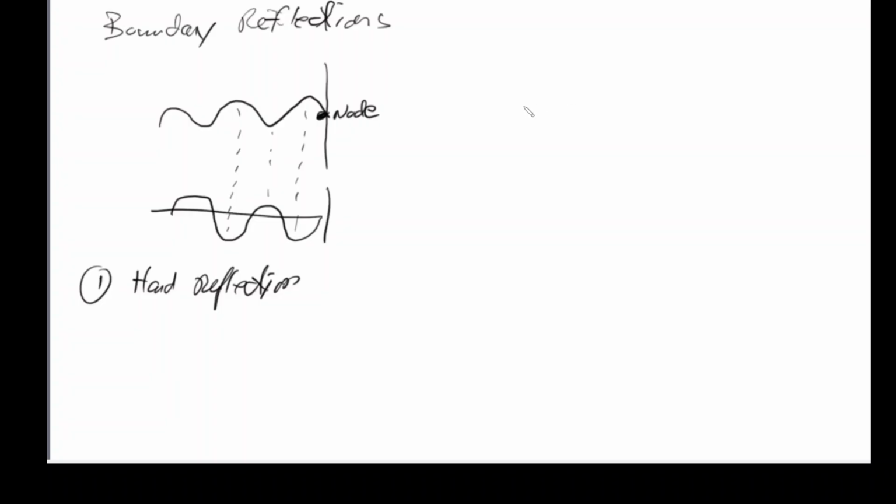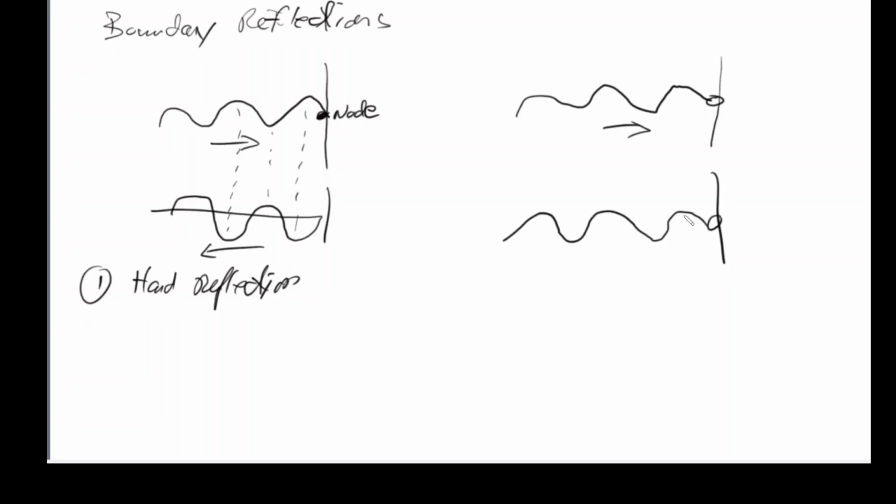The second way is you have a wave coming to a boundary, and in this case, let's assume we have a ring that can float up and down on that boundary. Well, okay, so that's going that way, that's going that way. This reflects in a way where you get constructive interference.